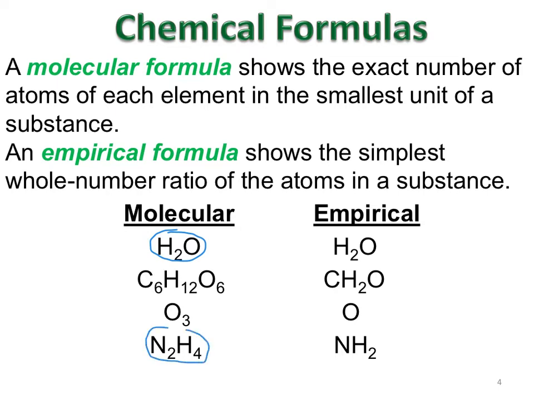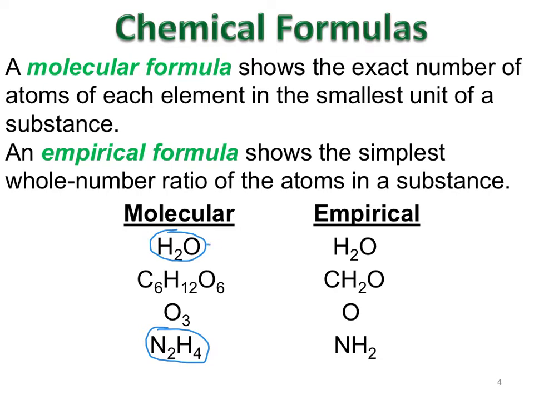N2H4 down here is 2 atoms of nitrogen, 4 atoms of hydrogen to make an individual unit of that substance. An empirical formula shows the simplest whole number ratio of the atoms in the substance. Basically, if you can divide each of the subscripts by a number, you will end up with an empirical formula. In some cases, however, the molecular formula and the empirical formula are the same.